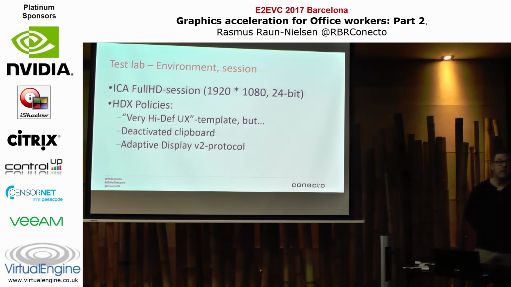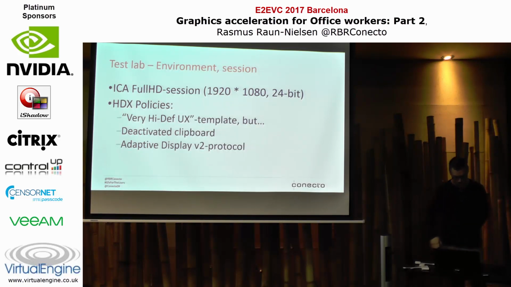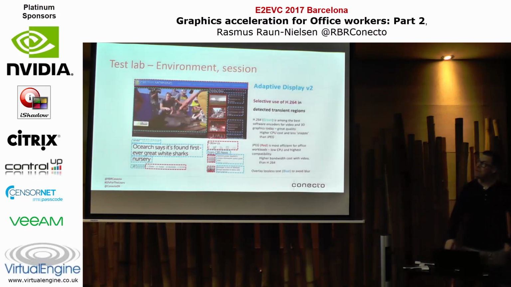I also chose the Adaptive Display version 2 protocol, and the reason for this is the talk around still images versus moving images. We all know that H.264 is very good for moving images, but, at least in this context, it's not that good at text, because text is actually just defining small contrast in very small areas for our eyes to be able to perceive what kind of letter it is.